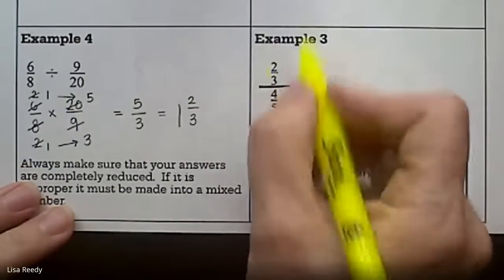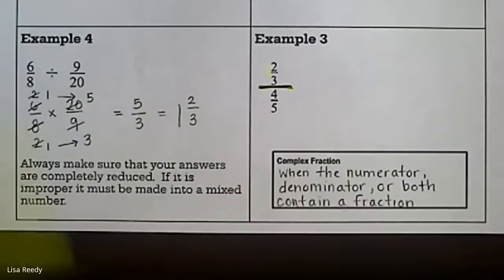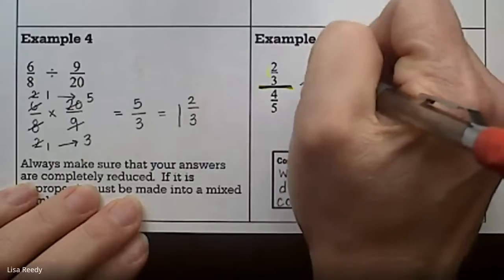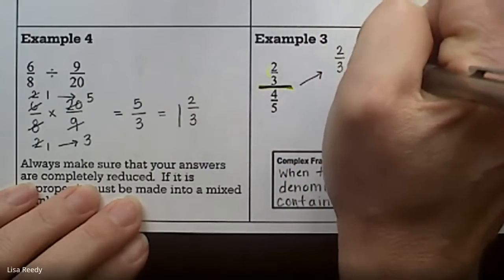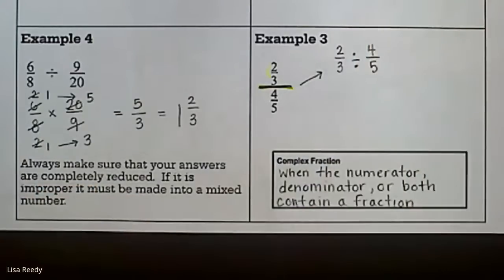This is 2/3. Here's my fraction bar. And divided by 4/5. So you can rewrite this as 2/3, my numerator, divided by 4/5, because fractions are division problems.